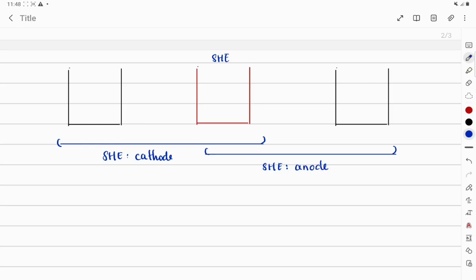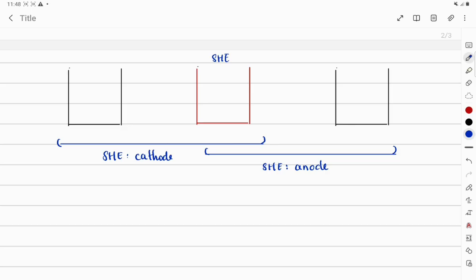So when it acts as anode, it will get oxidized. When it acts as cathode, it will get reduced. So it's obvious, when will they act as both of these, right? If the electrode potential, that is the reduction potential of the complementary half cell, is greater than that of the hydrogen electrode.